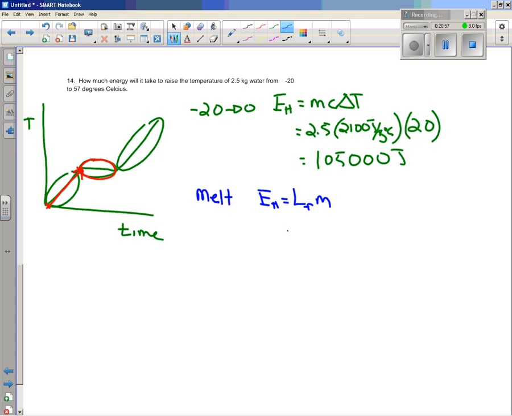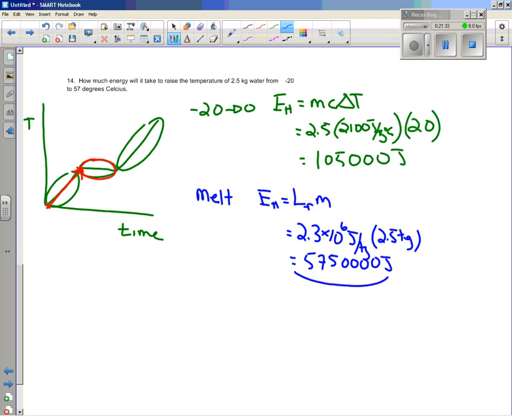The latent heat of fusion for melting ice is 2.3 million joules per kilogram, which is 2.3 times 10 to the 6 joules per kilogram, times 2.5 kilograms. So just to melt that hunk of ice, it's going to take 575,000 joules of energy.